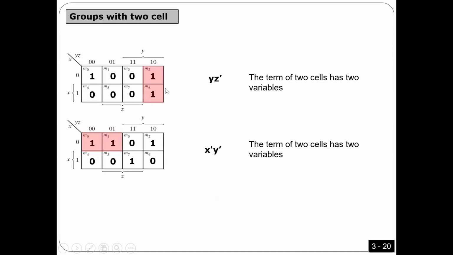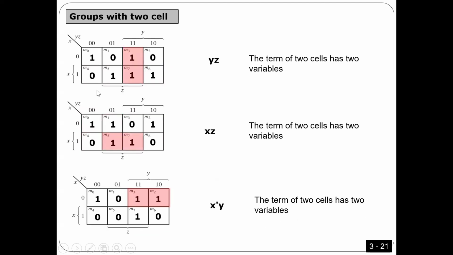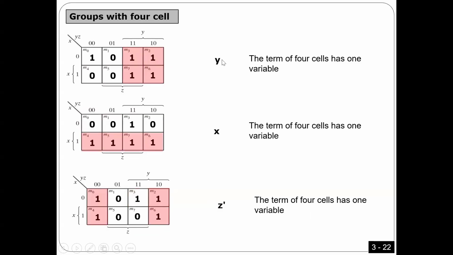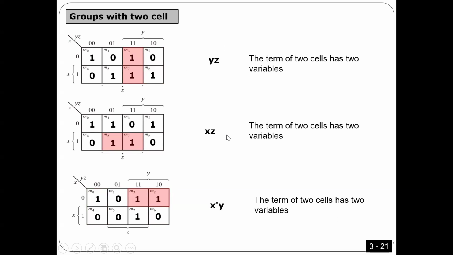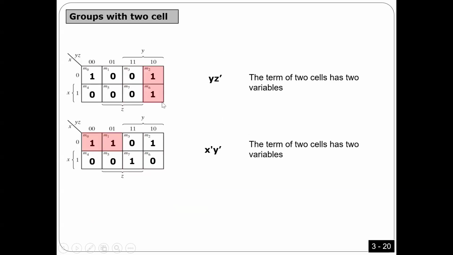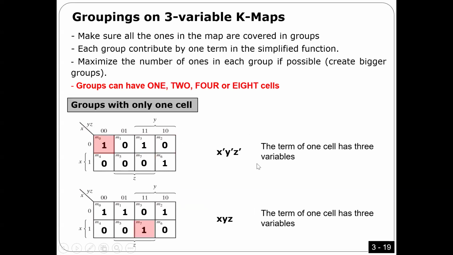What if I can merge 2? I can get a term that has 2 variables. What if I can merge 4? This term becomes only 1 variable. That's why the bigger the groups, the better. If you can merge 4 together, this will be equivalent to only 1 variable. 2 are going to be equivalent to two variables. The term here has 3 variables.